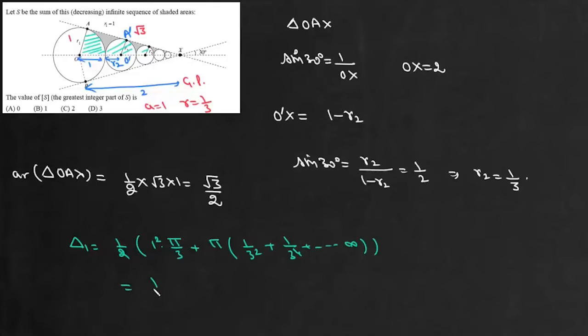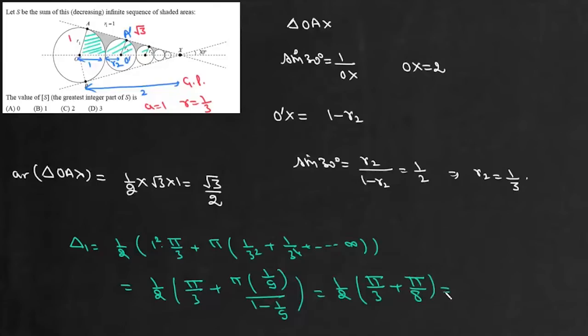Now we simplify this, we'll get 1 by 2 and this is pi by 3, plus pi and this is the sum of GP, which is a upon 1 minus r. So we'll get this as 1 by 2 into pi by 3 plus pi by 8. So it'll be 11 pi by 48.